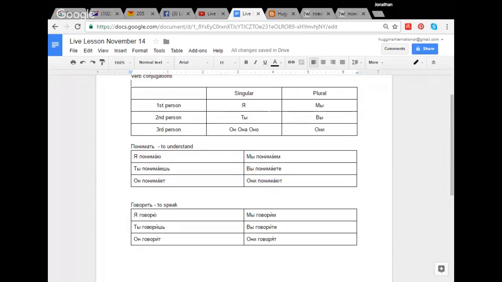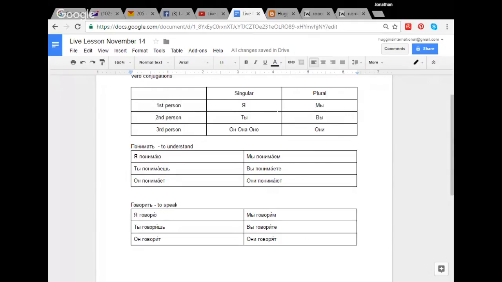So can you read through these with the first person singular and go through the table here? Я, ты, он, она, оно, мы, вы, они.